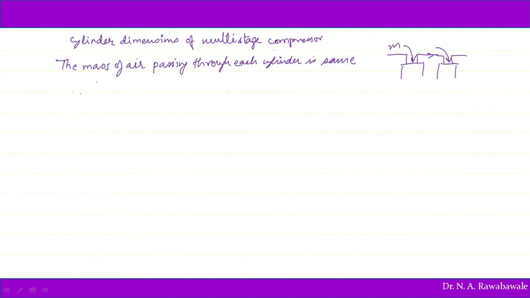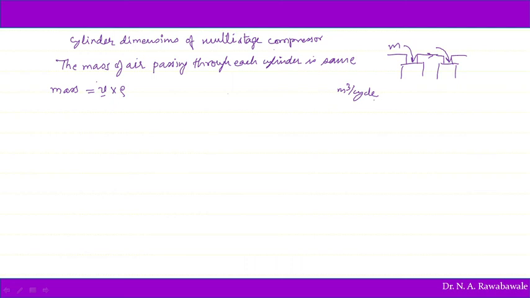So mass of air m is given by volume into density. The volume of air is given in meter cube per cycle, into density, which gives the mass of air entering into each cylinder per cycle.